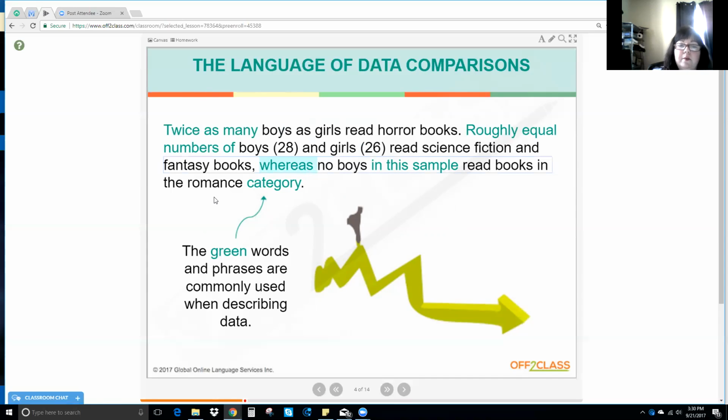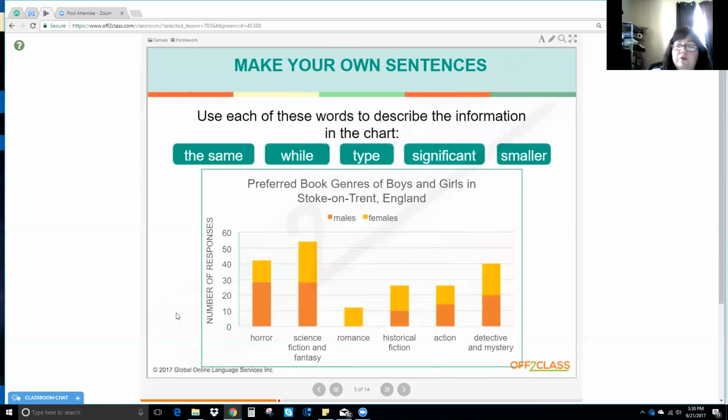So these are the kinds of terms you will learn as you practice with the graphs and charts. And they're the type of language we use when describing data. It's data or data depending on which version of English you're speaking.